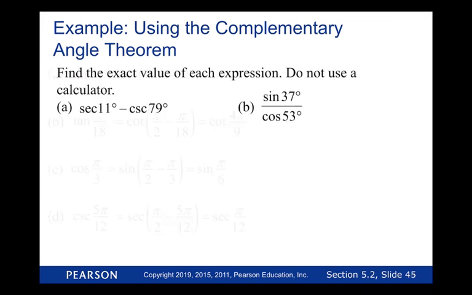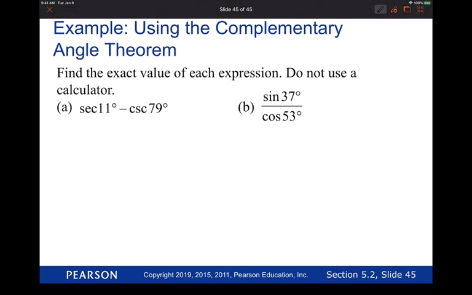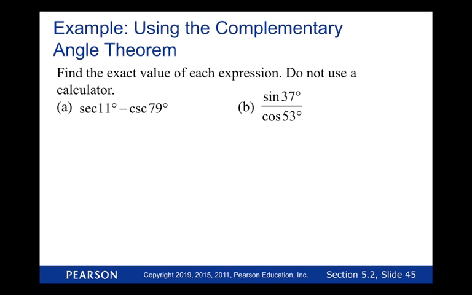Okay. Find the exact values of each expression. Do not use a calculator. Can anybody walk me through this one? If we use the same theorem, right? No calculator. Secant of 11 degrees should be the same as what?